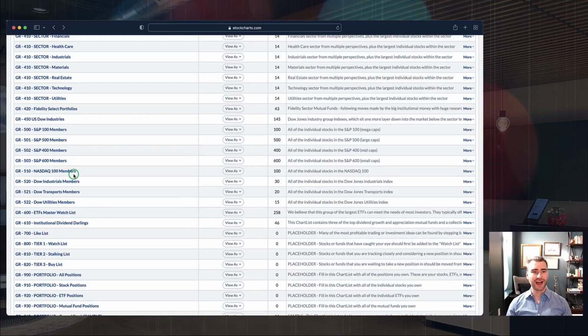From there, we dive into the members of those different indexes. So all of those huge indexes that we talk a lot about, things like the S&P 500, the NASDAQ 100, the Dow, we actually can track the individual stocks that make up those indexes. So here in the ChartPack, we have lists that track the members of each of those indexes.